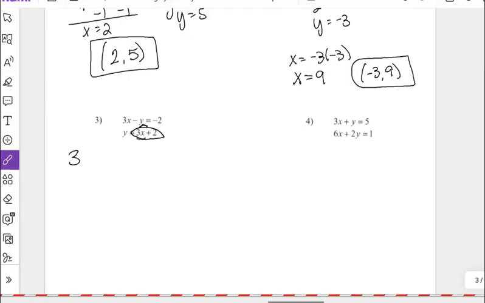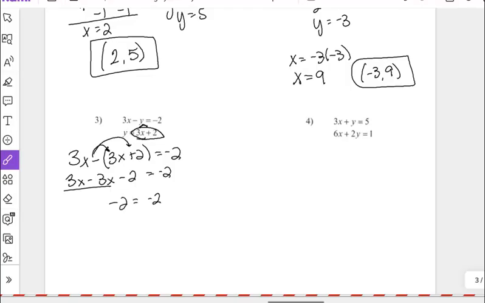So 3x minus quantity 3x plus 2 equals -2. I have to distribute that negative throughout. So 3x minus 3x minus 2 equals -2. Well, 3x minus 3x is 0, so I have -2 equals -2. So that's infinitely many solutions.